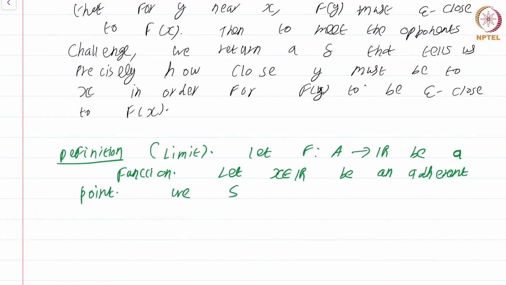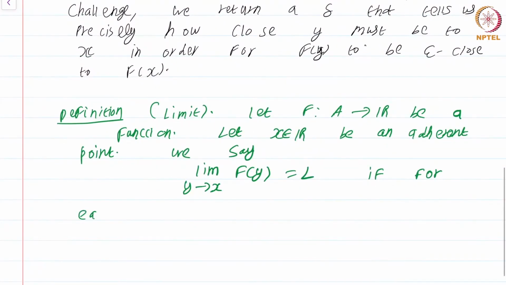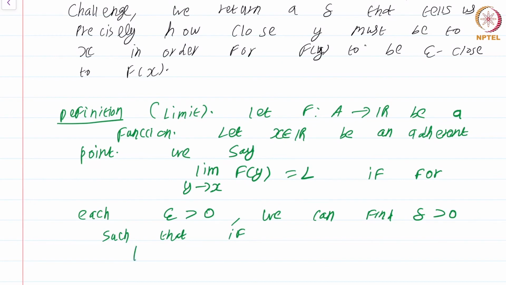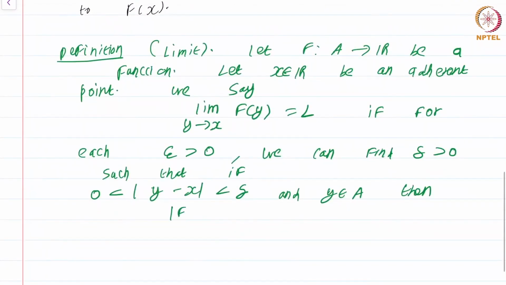We say limit y going to x of f of y equals L if for each epsilon greater than 0 we can find delta greater than 0 such that if mod y minus x is less than delta but greater than 0 and y is in A, then mod f of y minus f of x is less than epsilon.